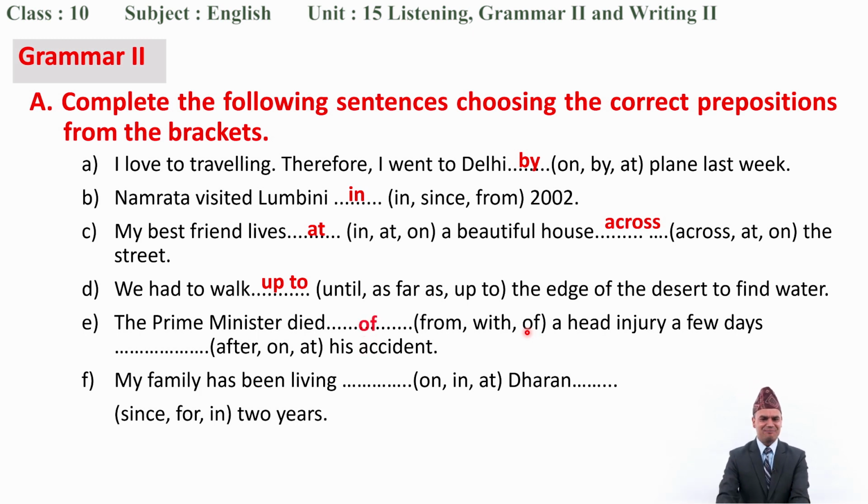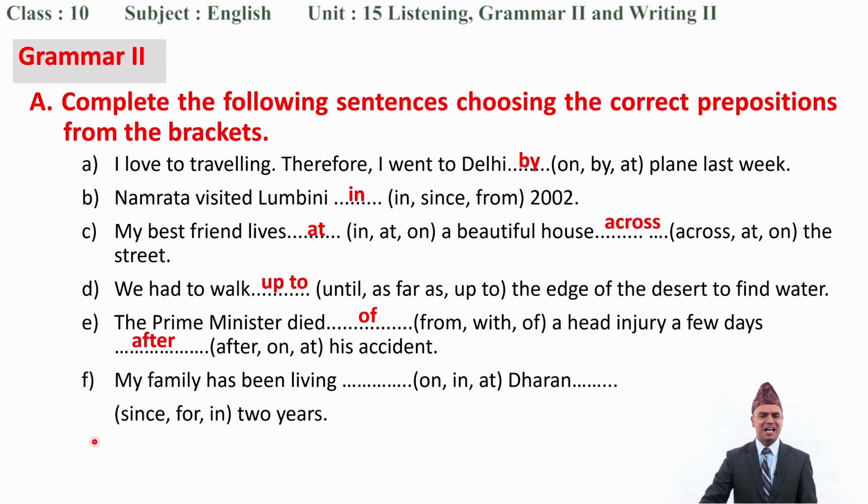Yeah, that's right. Very good. You have a good guess. And last, a head injury a few days is accident. On accident? At accident? No. What will it be? After the accident. After his accident. Very good.